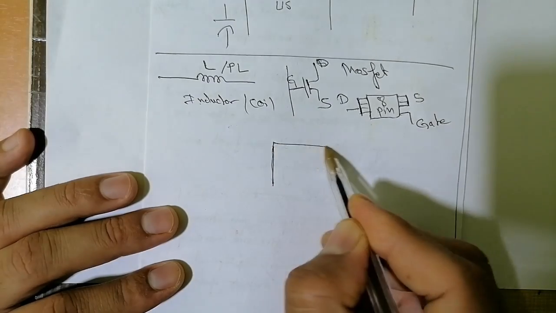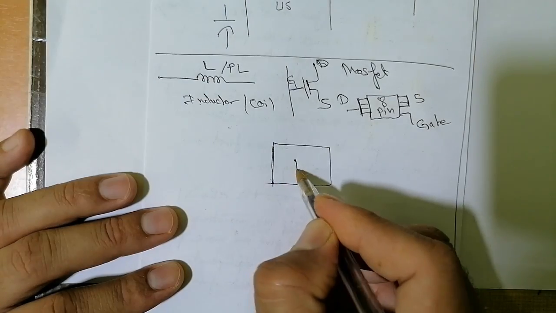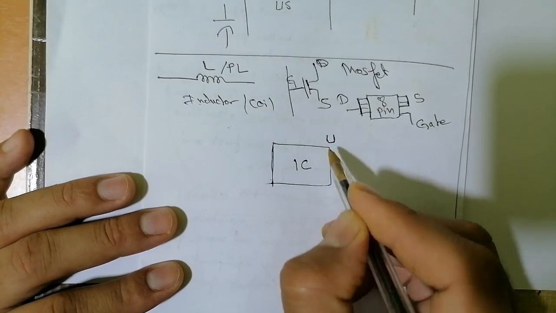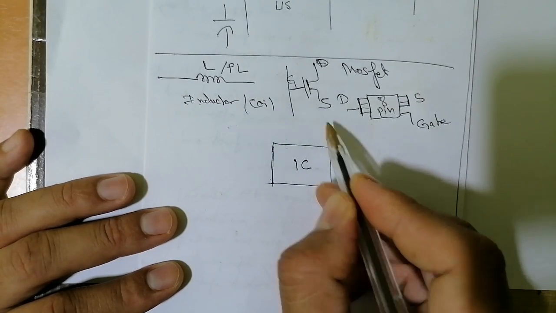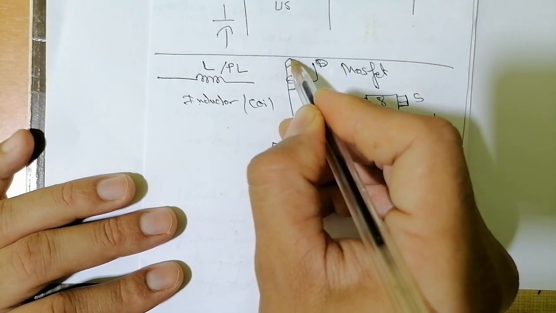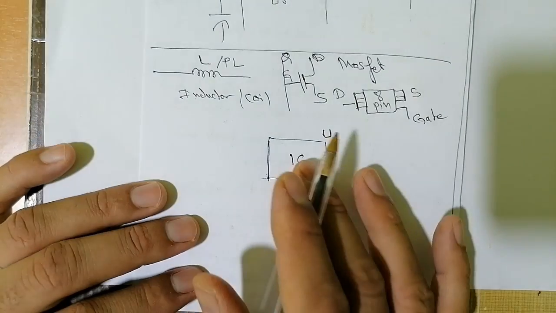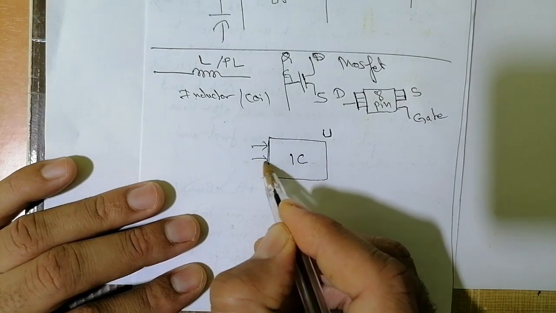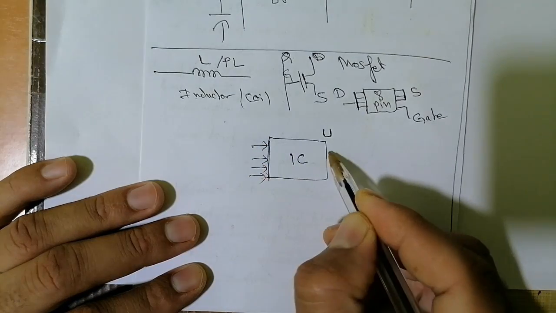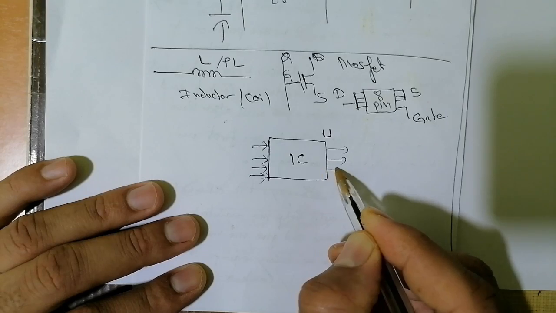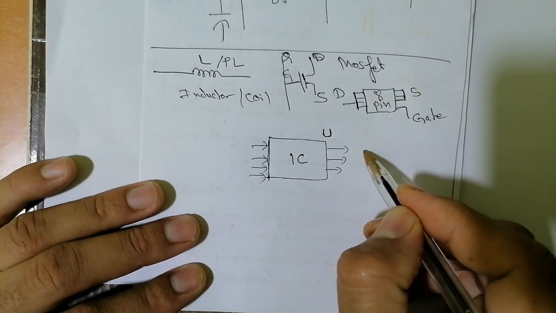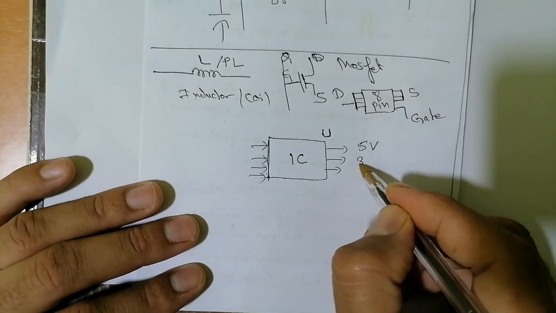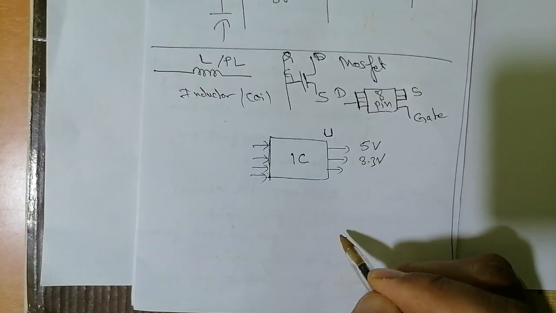This is the symbol for the IC. Basically, you will find an IC like this. Its reference is U, so the reference for an IC is U and for a MOSFET is Q. The IC contains inputs and outputs. The output, for example, could be 5 volts or 3.3 volts.